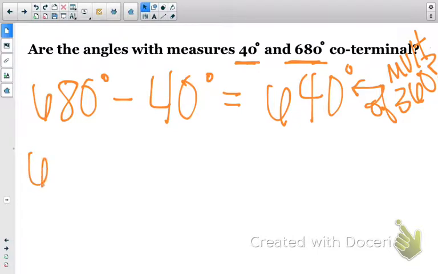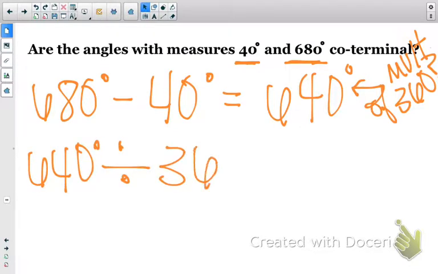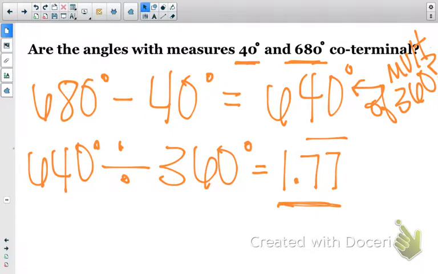So let's look at this. If we do 640 divided by 360, that gives us 1.77 repeating. That is not a whole number, so those two angles would not be coterminal.